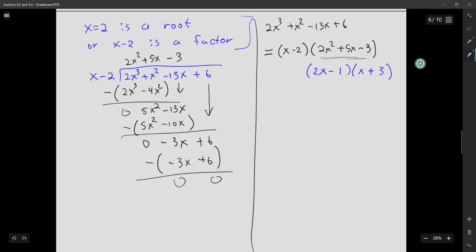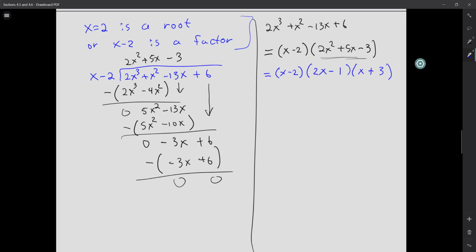So let's check this. 2x times x is 2x squared, plus 6x minus x gives me 5x, ending with a minus 3. So I've successfully completely factored my polynomial now.